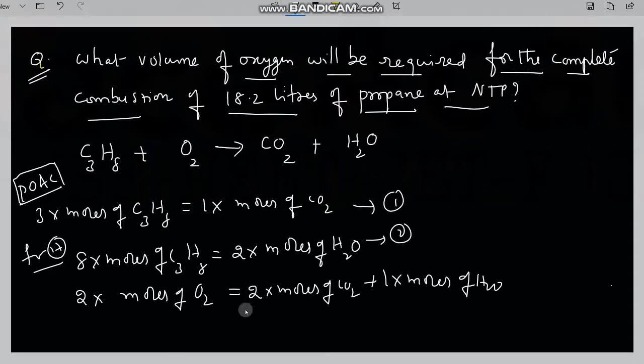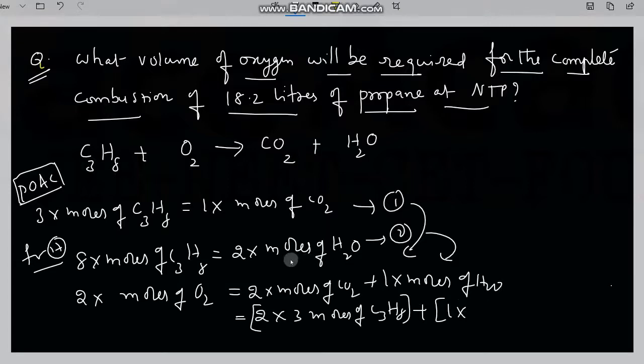So if you substitute this in the third equation, 2 into moles of CO2 becomes 2 into 3 moles of C3H8, plus 1 into moles of water, which is 4 moles of C3H8 here.